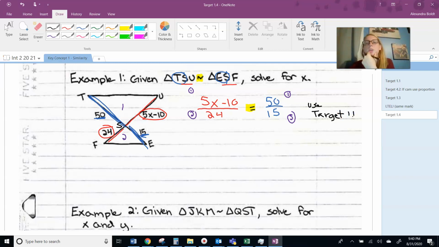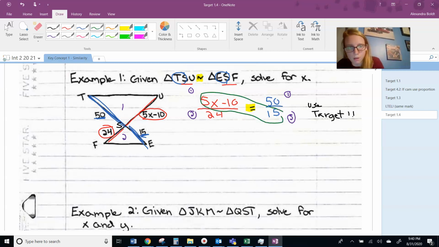Okay, now we're simply going to cross multiply. I'm going to make sure I put (5x minus 10 in parentheses) times 15. We have 24 times 50.